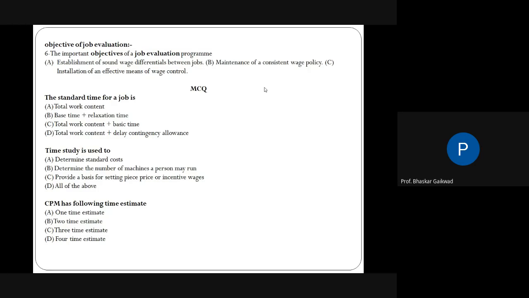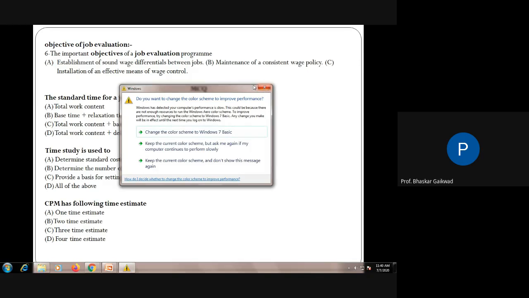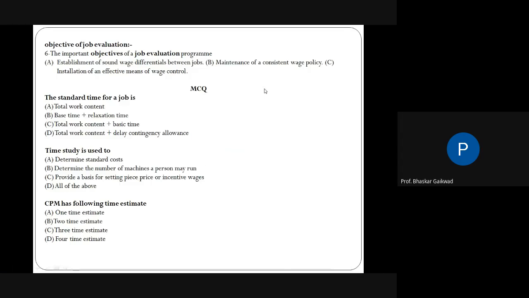Now next, the critical path method has the following time estimates: one time estimate, two time estimates, three, or four. This part comes under the second section, the CPM part. While deciding the time required for the critical path, once we have decided the time estimate, we have to follow it.